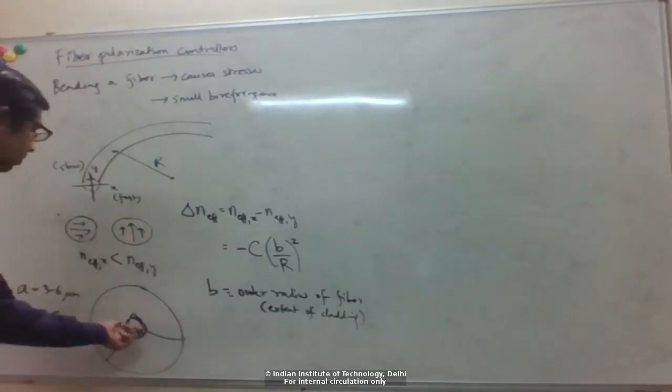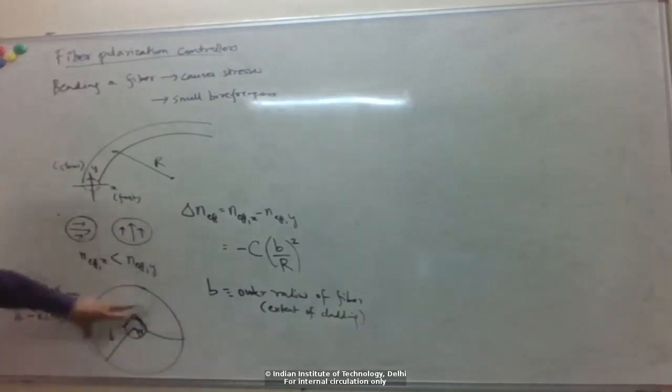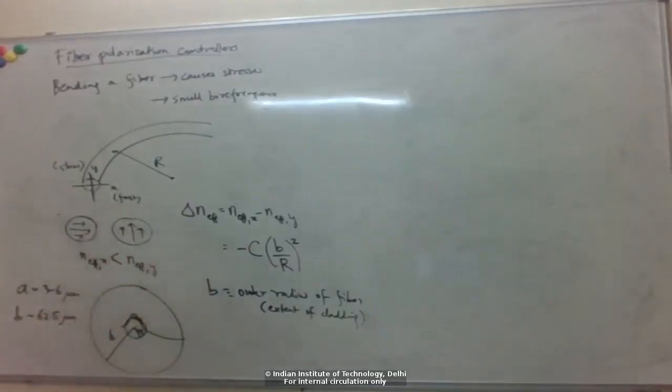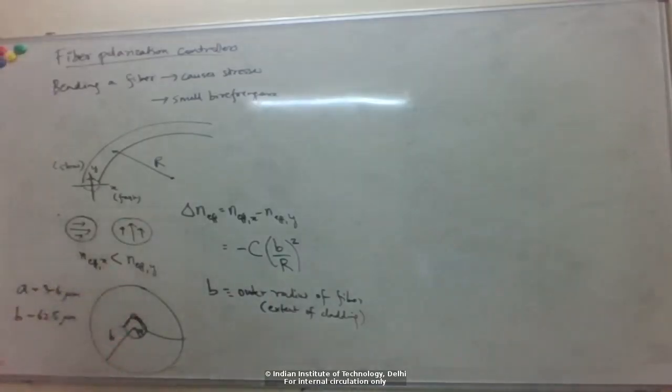You could have different core sizes and different refractive index profiles here, but the actual fiber size is the same. So the diameter is 125 micron. Okay, so that's the standardized thing that people follow. Any type of fiber they make, the outer diameter, the size of the cladding, is 125 micron.